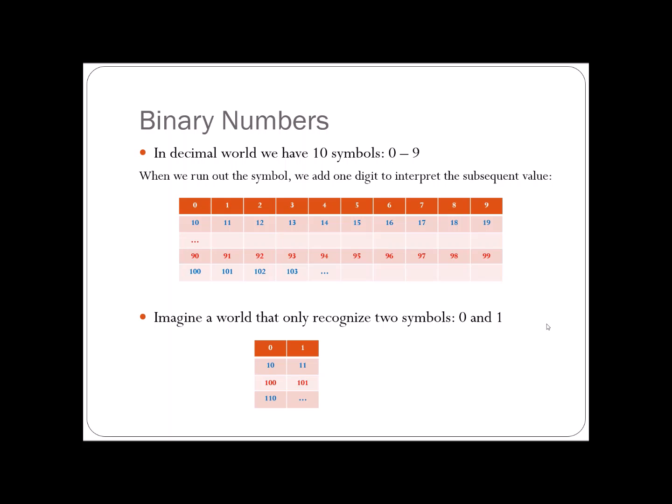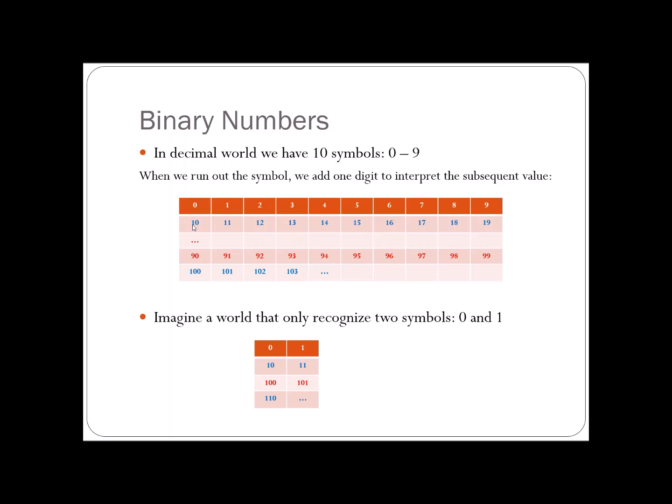But imagine if we only have two symbols, 0 and 1. What happens to the decimal number? We have 0, 1, 2, 3, 4, 5, 6, 7, 8, 9, and then that's all. We run out of symbols. So when we move to the next numbering, we go back to 0, but we add the next digit in front of it.